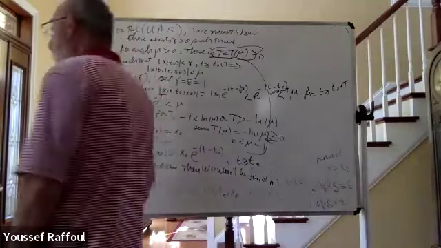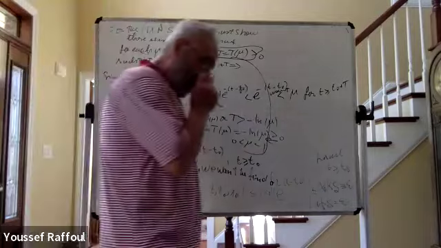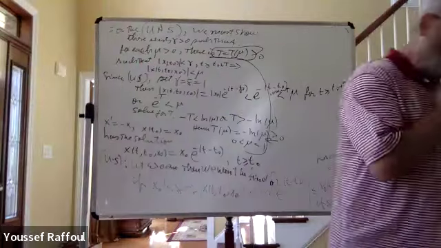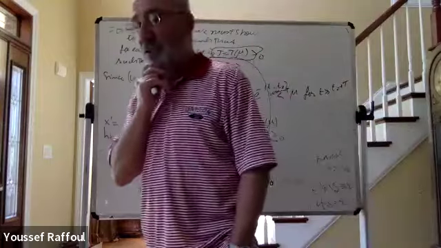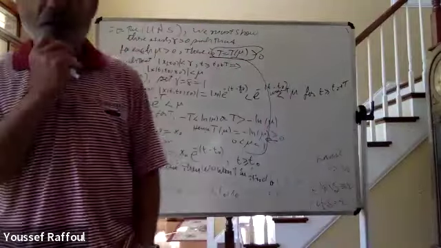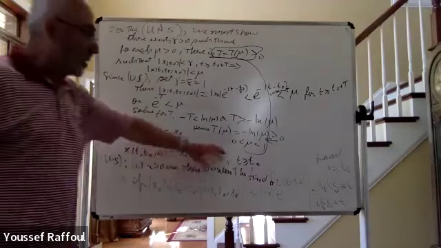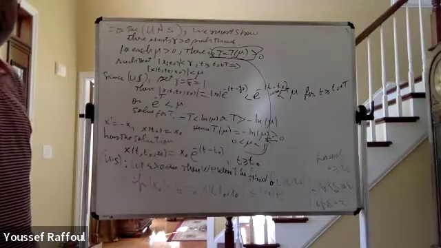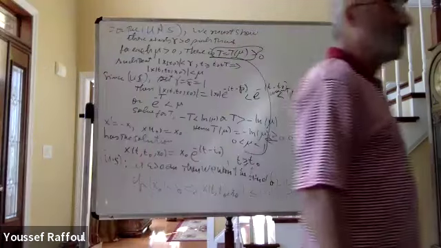Last time we gave an example where the solution is uniformly stable, asymptotically stable, but not uniformly asymptotically stable. Of course, this is an exponential function, so it's going to be uniformly asymptotically stable. All right, any questions?